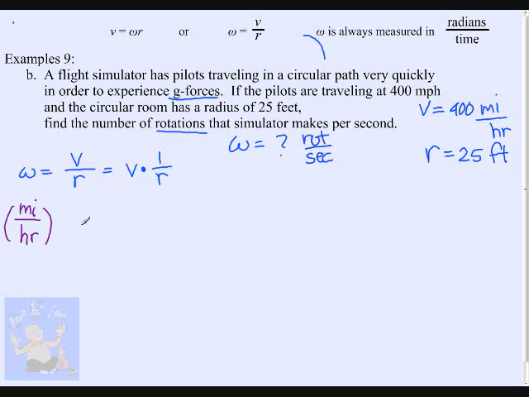I've got to get to radians per second. Okay. And what do I have right now? I've got 1 over 25 feet.